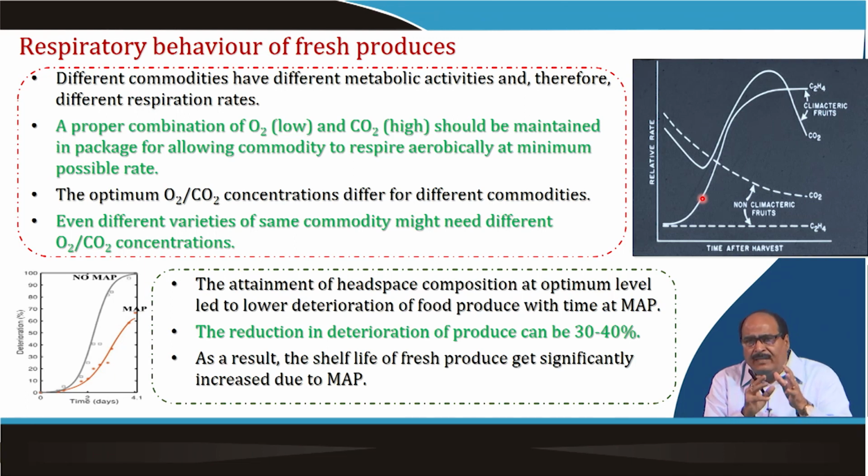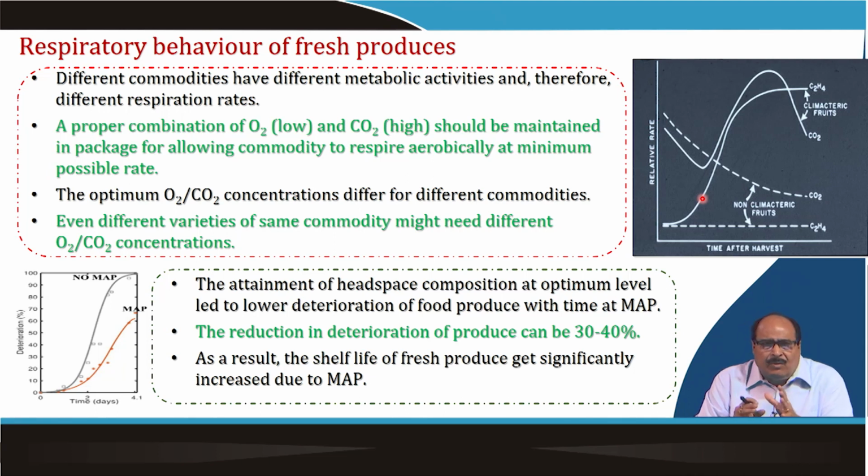So, if we want that in the cold storage or in the modified atmosphere storage or packaging, the level of O2 and CO2 is maintained in such a way that the fruit and vegetable respires continuously, but as slow as possible, because when it is respiring aerobically, it is good, but if aerobic respiration stops, anaerobic respiration will take over and the fruit or vegetable will spoil.